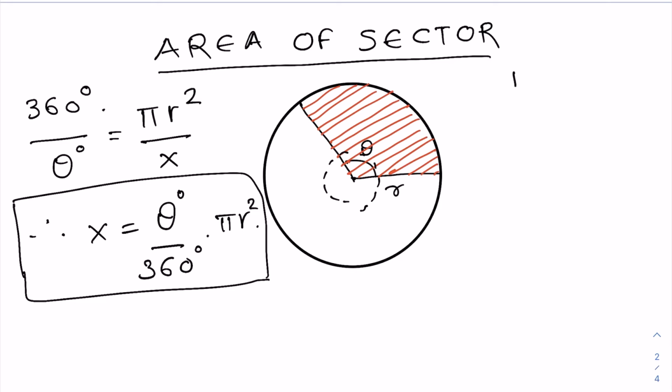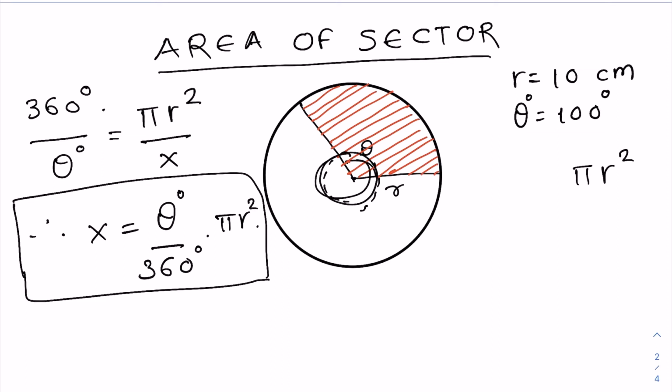So again, let's take the same radius that we took in the last example, r equal to 10 centimeters, and a central angle of 100 degrees, and let's start finding the area of a sector. Again, let's follow the same process: when the area is pi r square, my central angle is 360 degrees.